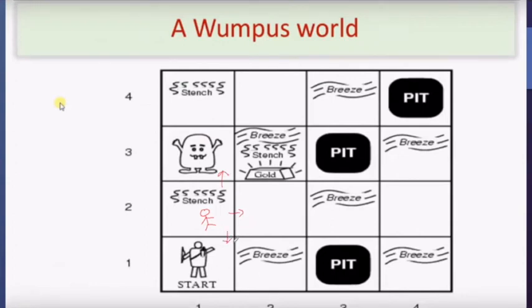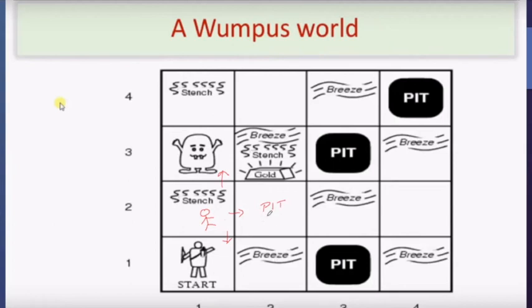But it also knows that in my previous direction, which is here, there is no wumpus, because I came from that direction. And because it was previously here in that direction, it concluded that there is a pit.